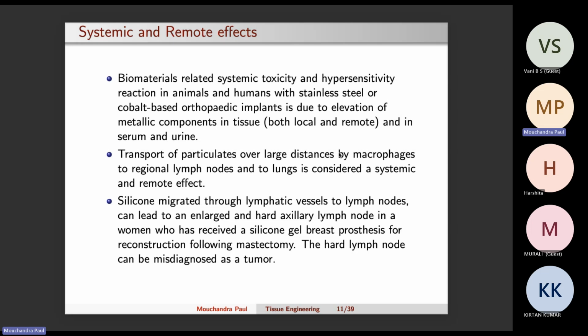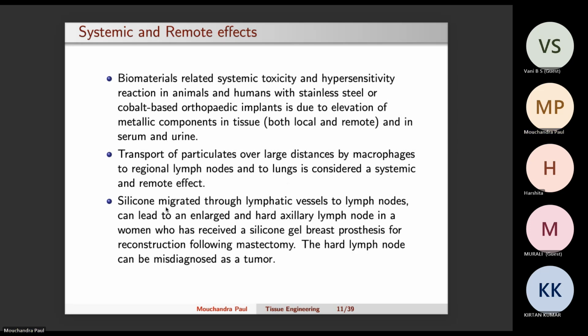In order to dispose of these particulates, the macrophages themselves migrate to regional lymph nodes, that is nearby lymph nodes, or to the lungs. All right, and these metal components indirectly travel so far.